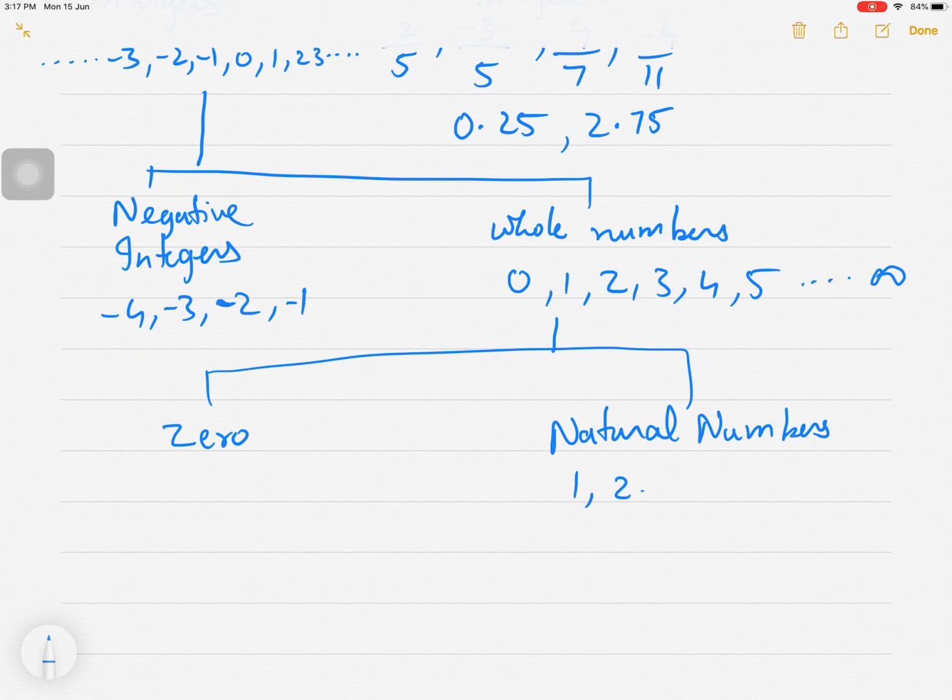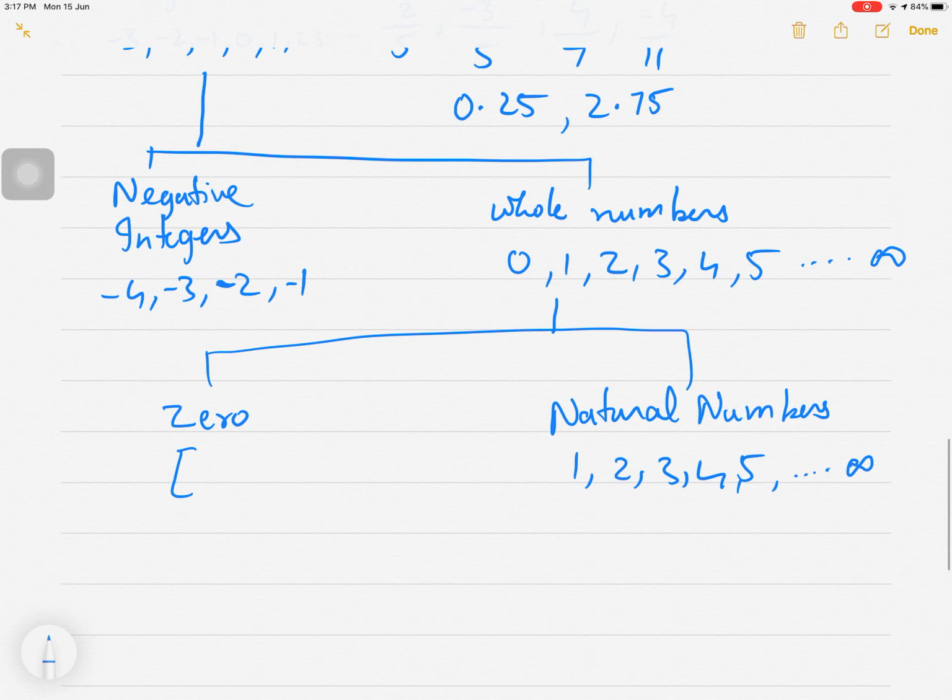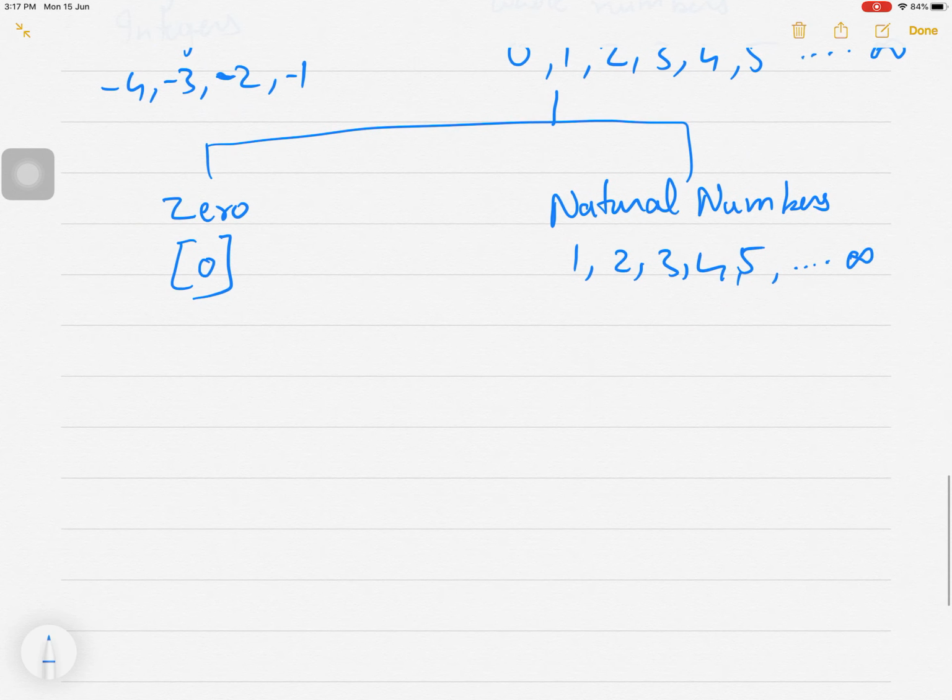Natural numbers are 1, 2, 3, 4, 5, so on till infinity. And 0 is a 0. Correct? Okay.